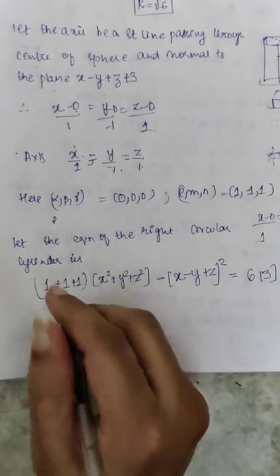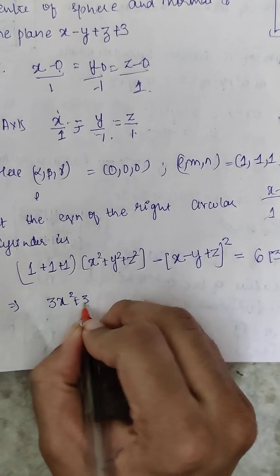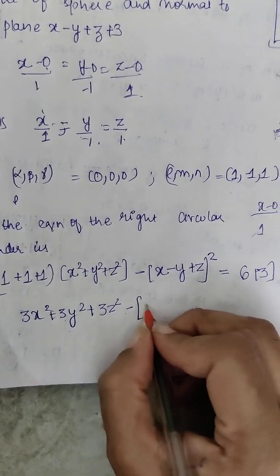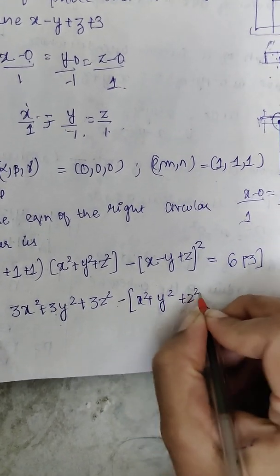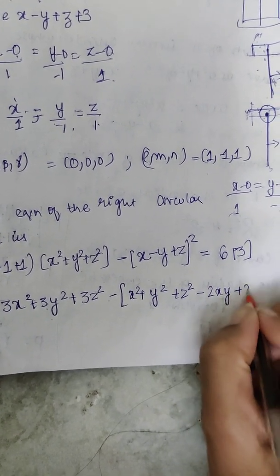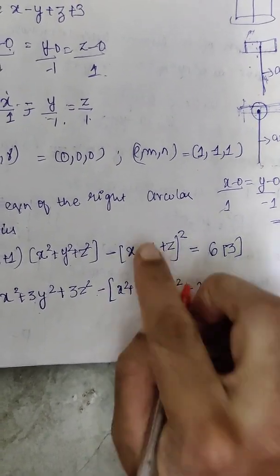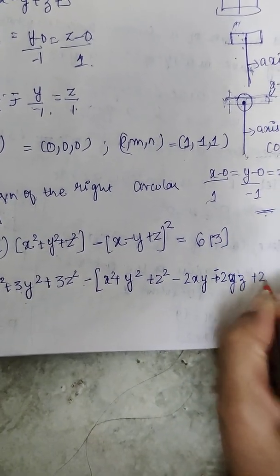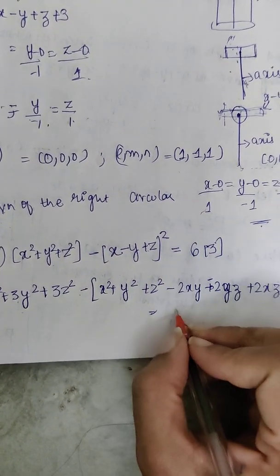So let me start solving this one. It implies 3 into x square plus 3y square plus 3z square minus the expansion of a plus b plus c whole square, which is a square plus b square plus c square plus 2ab plus 2bc plus 2ca, which is equal to 6 times 3, which is 18.